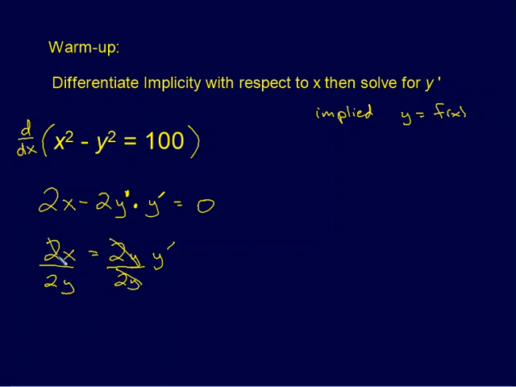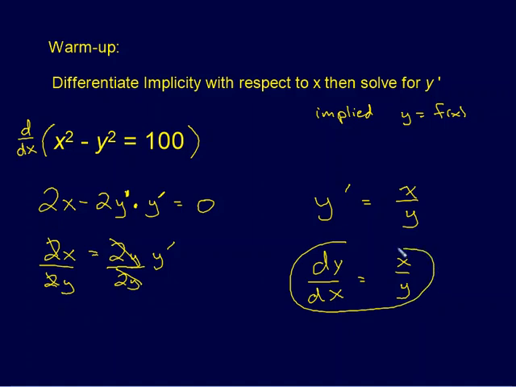And of course, the 2's would just cancel out. So my derivative is x over y. Or we could write that dy dx equals x over y.